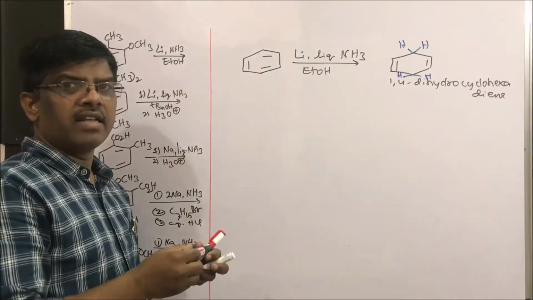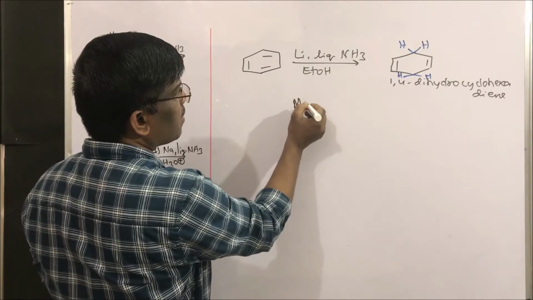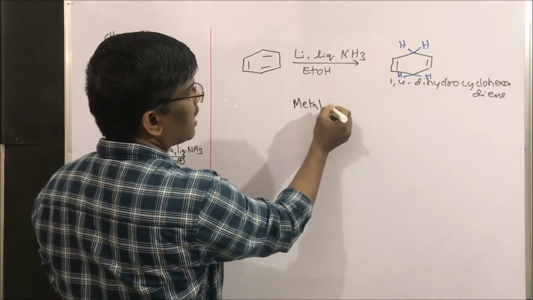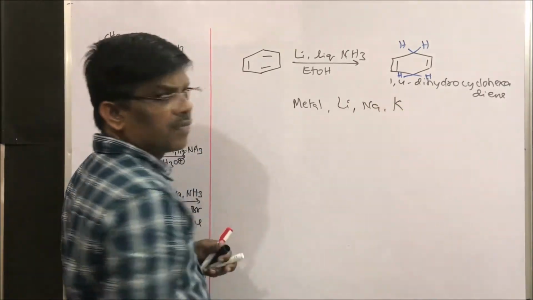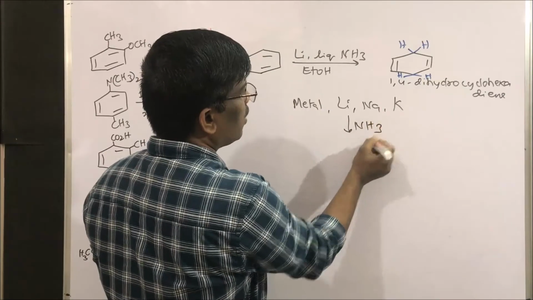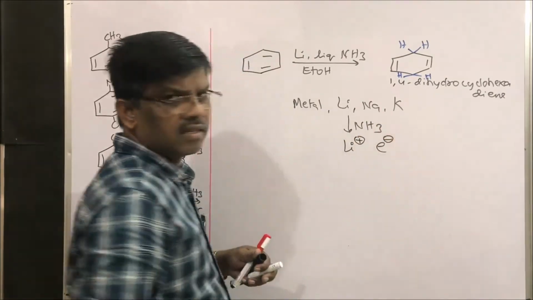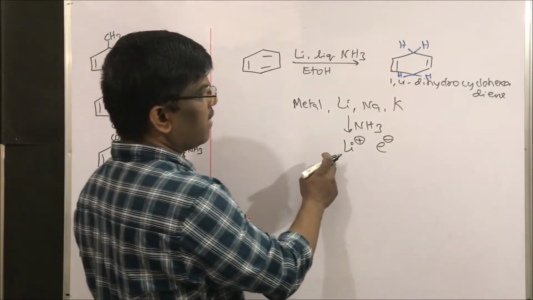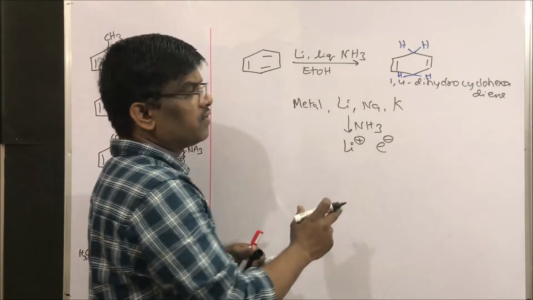Then what is the mechanism? As we know, the metal, whatever it can be, lithium, sodium or potassium, in ammonia exists as lithium plus and electron minus. By donating an electron, it attains a positive charge.